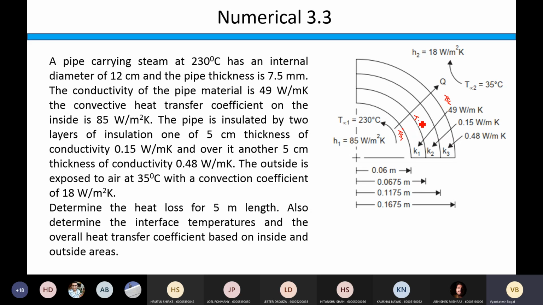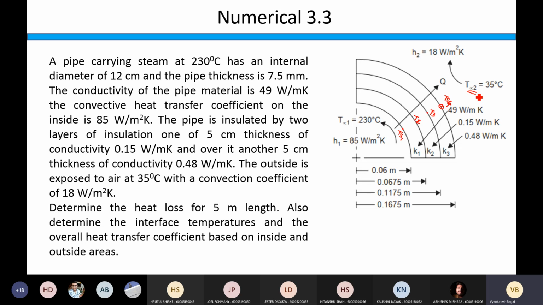TS1, then you want to use T1 or T2, T2, T3 as interface temperatures, and then call this TS4. The surface temperature TS4 and T infinity 2 is given. You can call this T infinity 4 also, it doesn't make any difference.